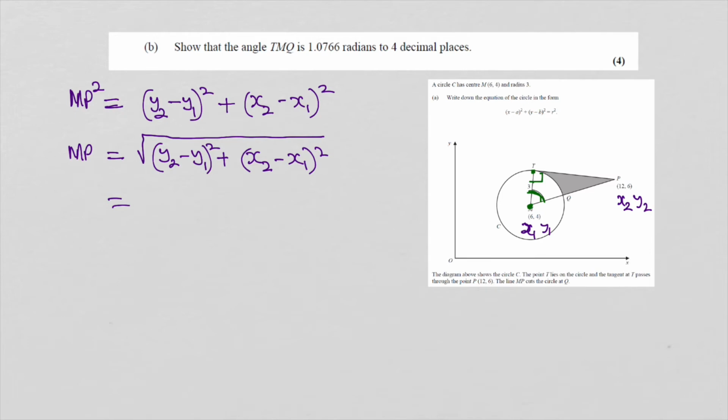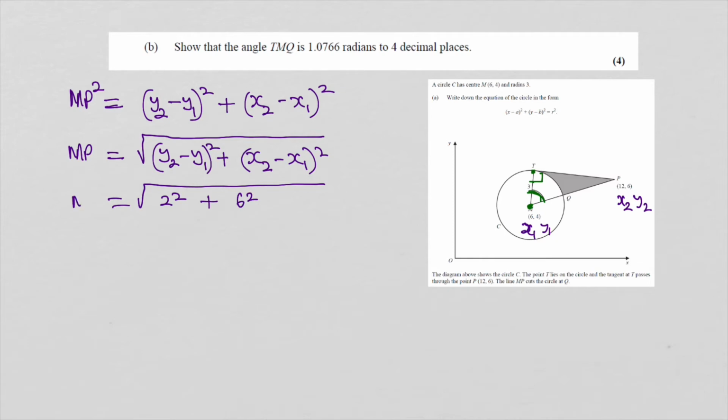And you can see we can find the distance MP now by plugging in those values for coordinates for the 2 points. So that would be square root. Now y2 is 6 and y1 is 4. So 6 minus 4 is 2, so that would be 2 squared, plus x2 is 12 and x1 is 6. 12 minus 6 is 6, so that would be 6 squared.